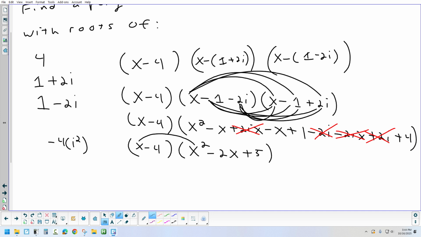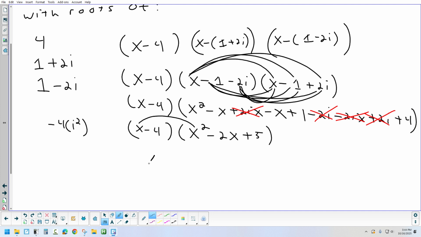Okay, x times x squared, x cubed. What's x times negative 2x? Minus 2x squared. What's x times 5? Plus 5x.